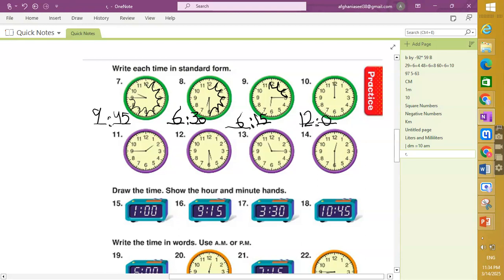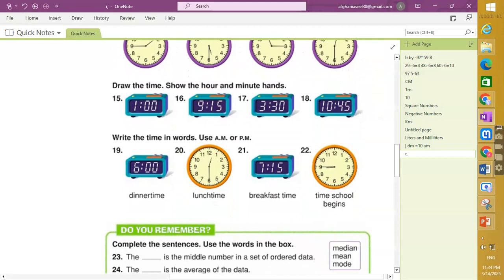So that means 0, right? So it is 12 o'clock. Do you remember when we said that when the minute hand is on number 12, we say o'clock? Now I want you to complete the rest of the questions and ask me if you want to ask anything.